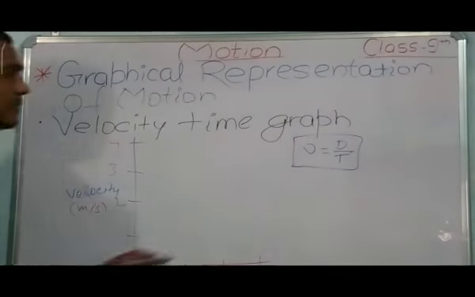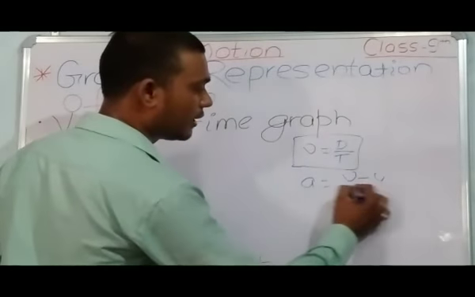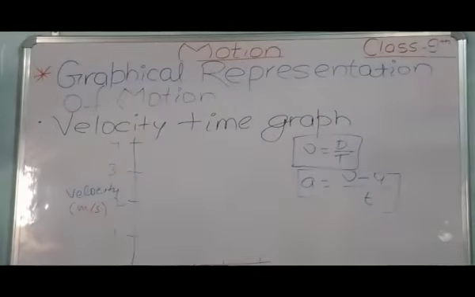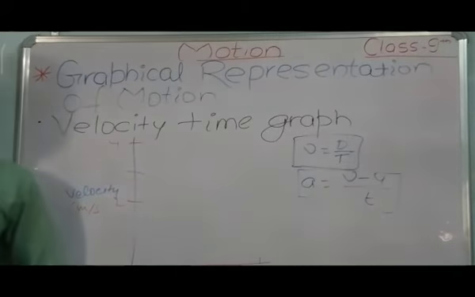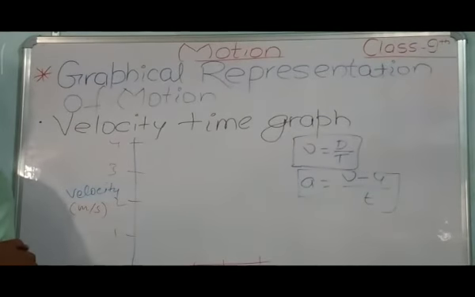But here we find acceleration with the help of velocity and time. So the velocity-time graph is used to find the acceleration of an object, and it also tells whether the object is in uniform velocity or non-uniform velocity.